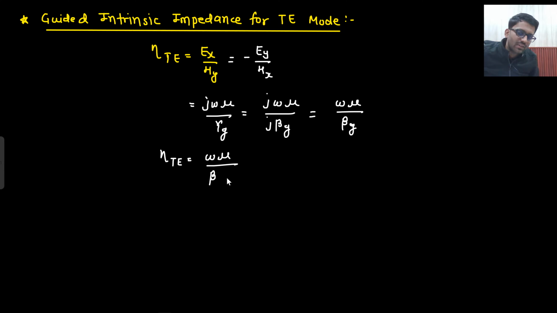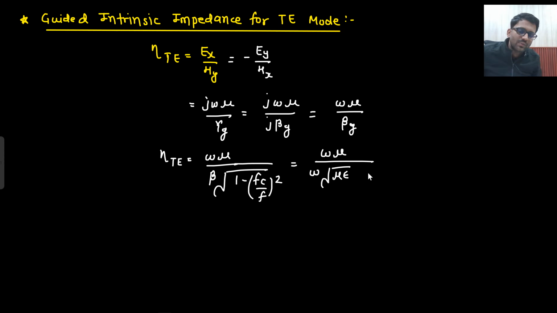And what is your beta g? Beta g is equal to beta into under root 1 minus fc by f whole square. Now omega mu. What is your beta? Beta is omega under root mu epsilon, under root 1 minus fc by f whole square.